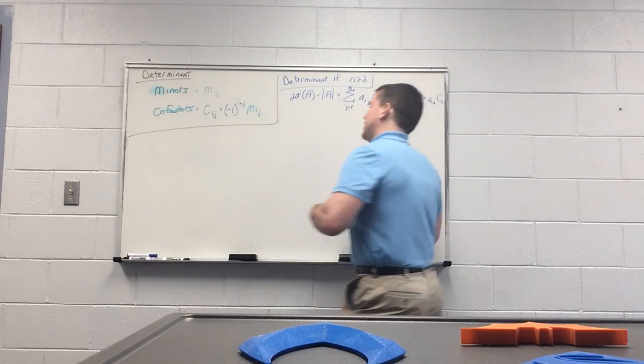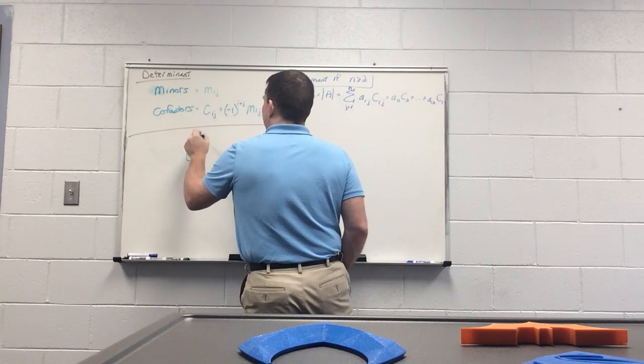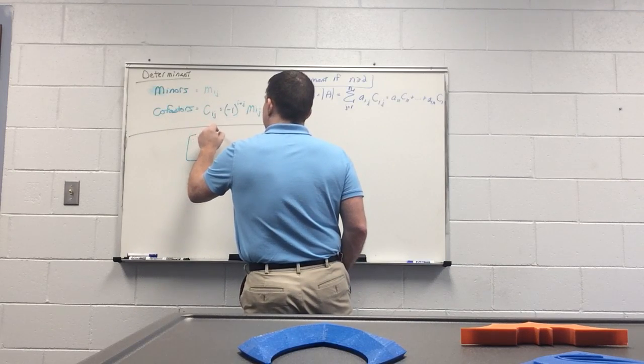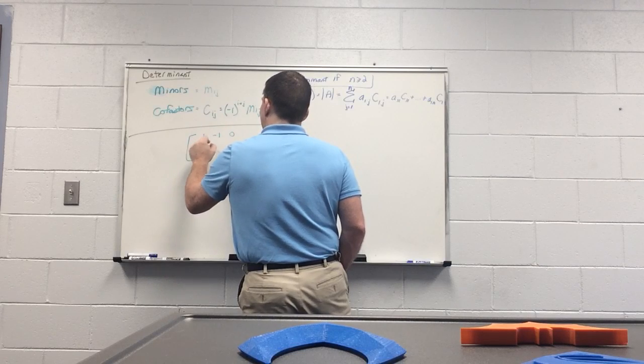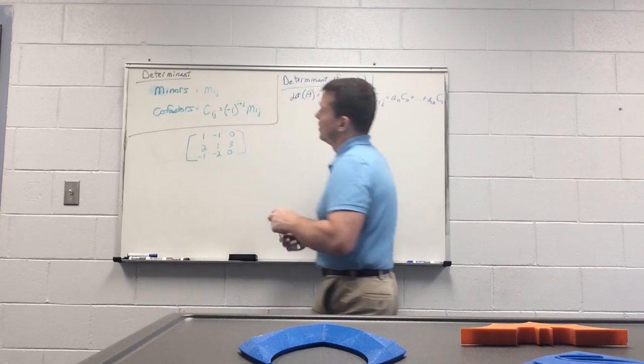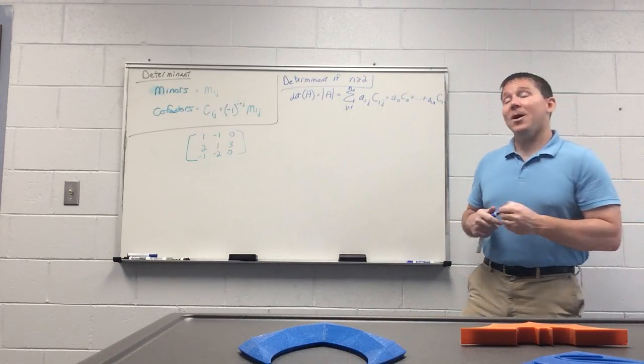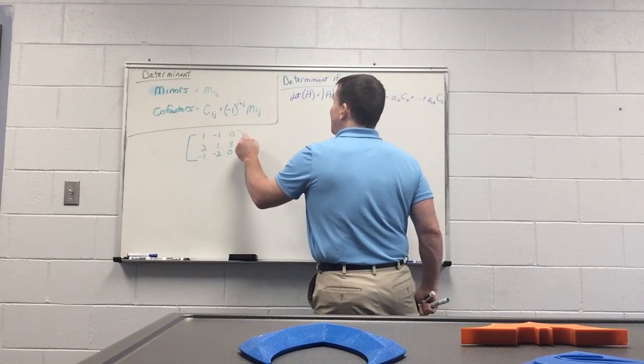So if we want to do this, suppose we have the matrix, and I'll just mess around a little bit: 1, -1, 0, 2, 1, 3, -1, -2, 0. I want to find the determinant of that matrix.